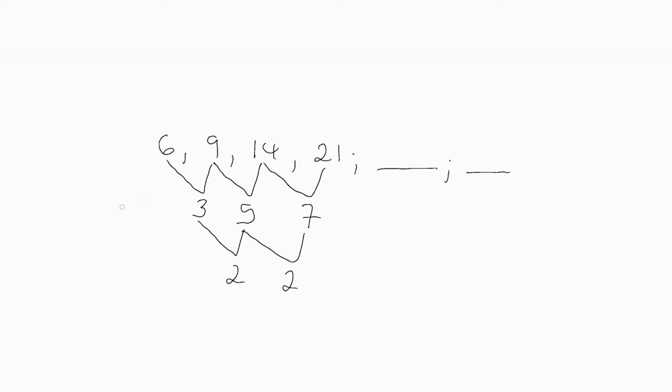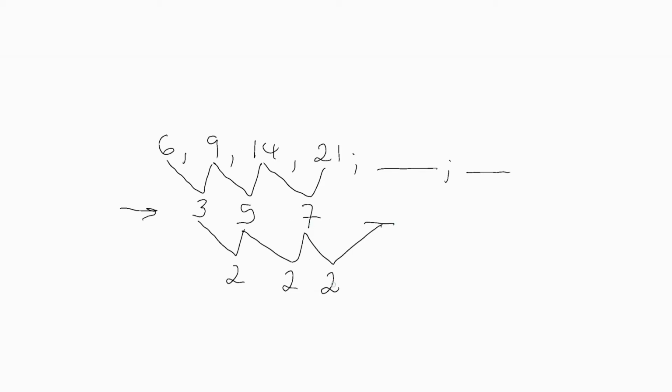Let us first focus on these differences. From here to here, we added 2. And also from here to here, we added 2. That means from this term to the next, we add a 2.